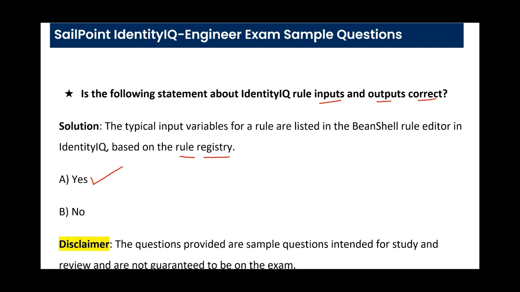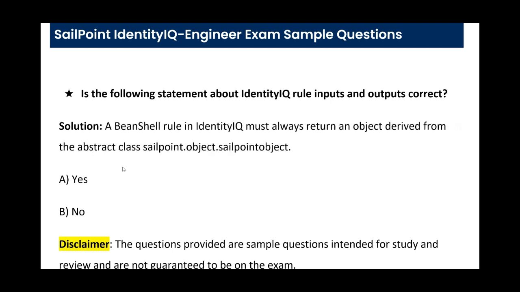This type of questions, as I told you guys, is going to be discrete option multiple choice questions, so DOMC. Remember that. So this is how the question is going to be asked. Next, I have another question here.